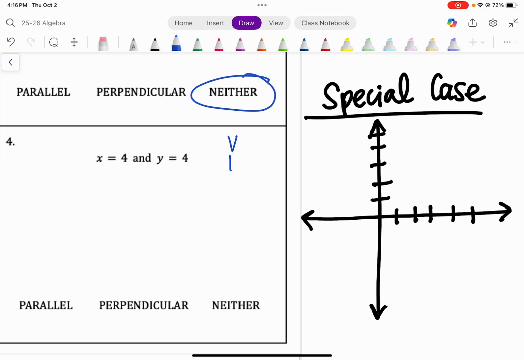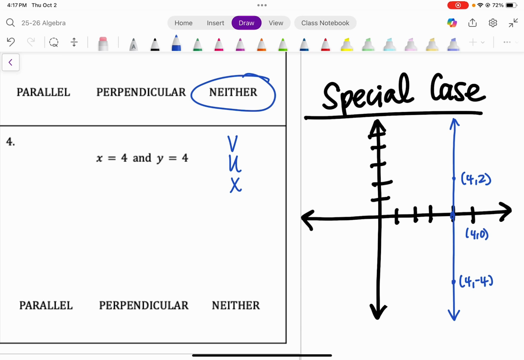So that's VUX. That's the vertical line. Every point on that line has an x value of 4. So that's (4, 0), maybe (4, -4), (4, 2). They all have an x value of 4.